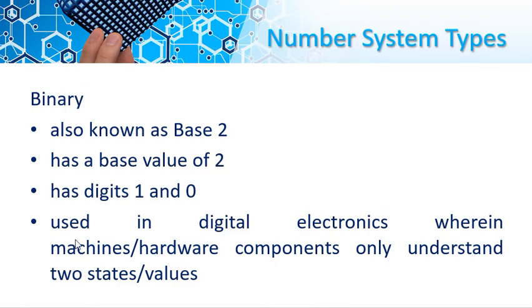Binary is used in digital electronics, wherein machine or hardware components only understand two states or values. So again, base 2 is what the computer understands. This is the language of the computer: only 1 and 0.